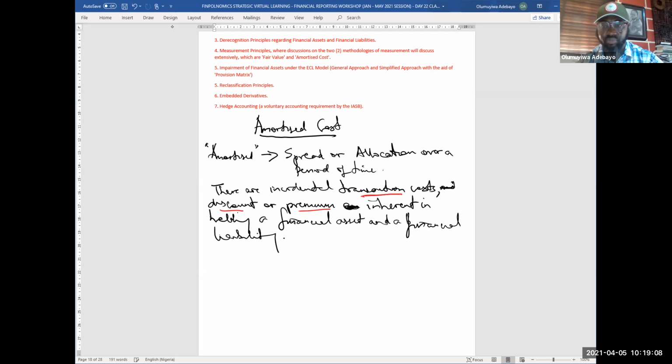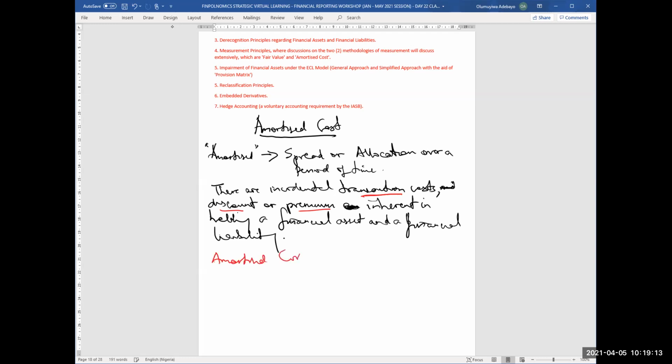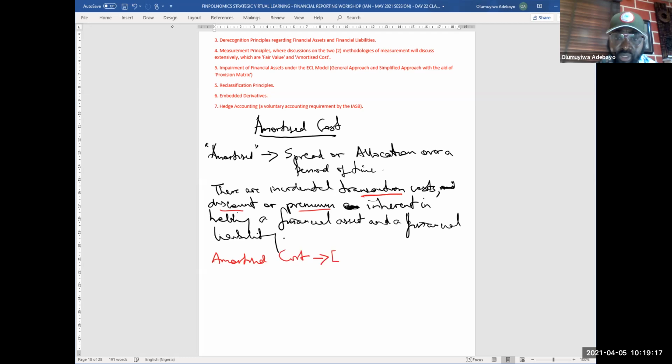Why? Because amortized cost thrives under a method we call the effective interest method. And what is that method saying?